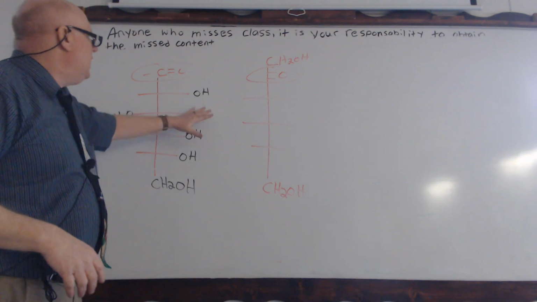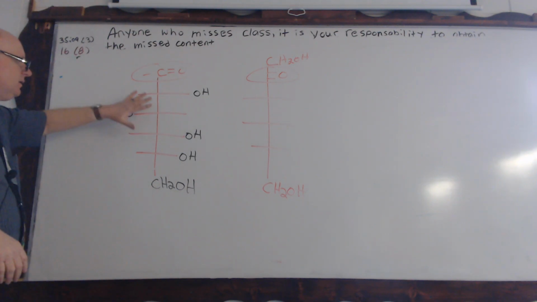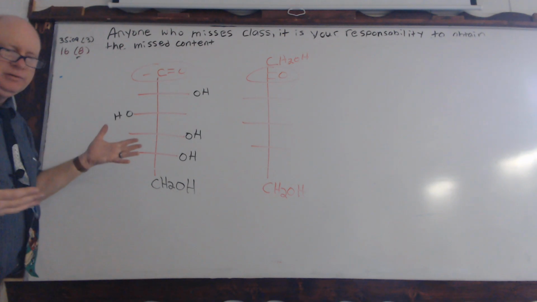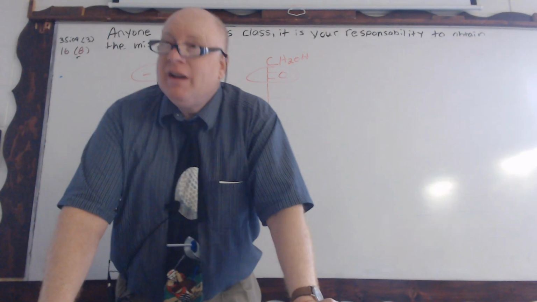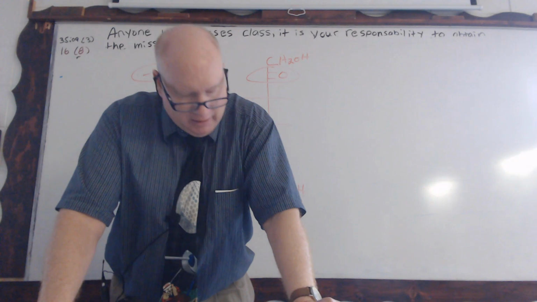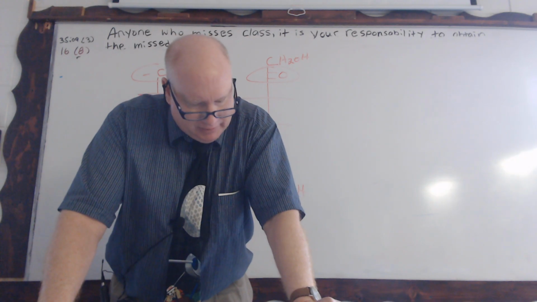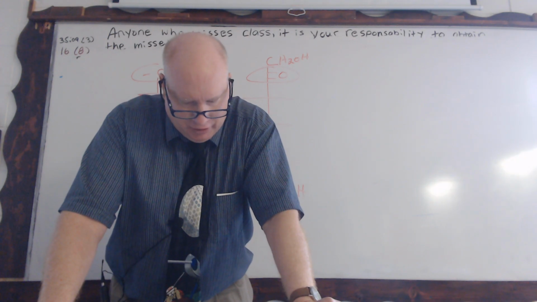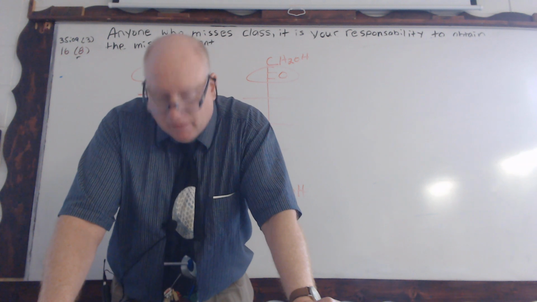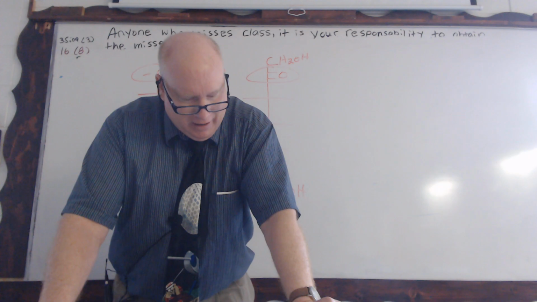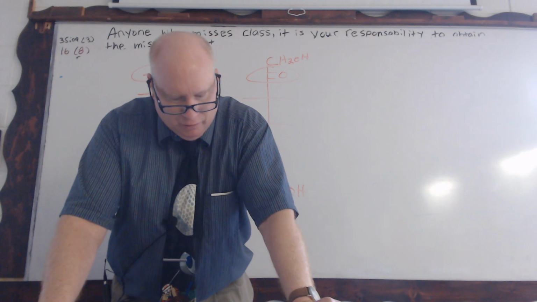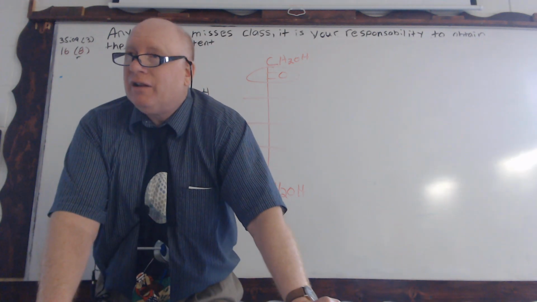So again, we have drawn this before. That's all old news. So what I want you to do is just listen to these following names. We've got allose, altrose, gulose, idose, or talose. Allose, altrose, gulose, idose, or talose.